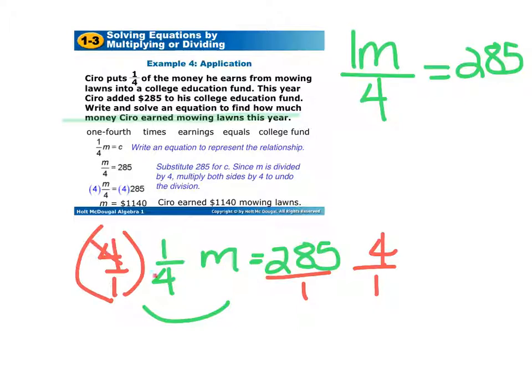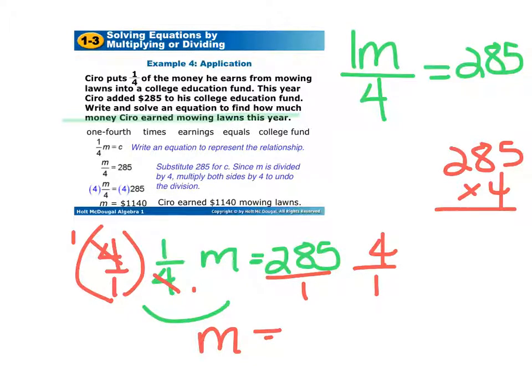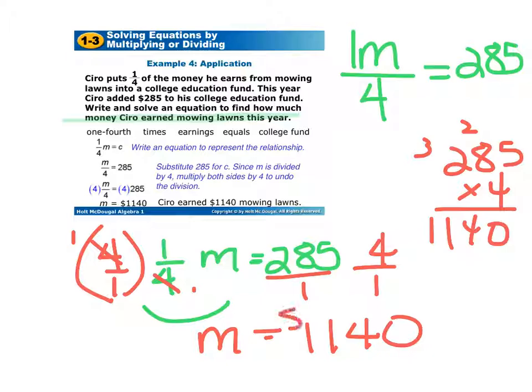And then these cancel, and I'm left with M is equal to 285 times 4, and I get 0, 2, 32, 34, and I get $1,140 he made cutting lawns. Good?